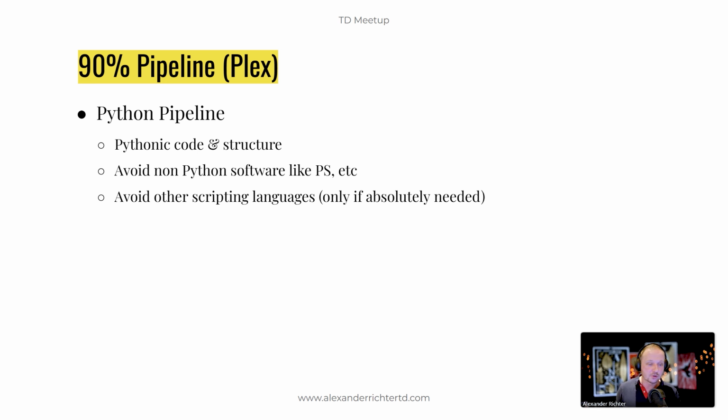And we avoid other scripting languages as far as possible. If we have the opportunity to write some MaxScript, let's write a Python script instead, or MEL script, let's write a Python script. Maybe there's a situation, and it can happen, that you need MaxScript here or VEX for sure. But usually you can always make sure that all the scripts in the pipeline are just Python scripts. There are no other languages involved, unless absolutely necessary.